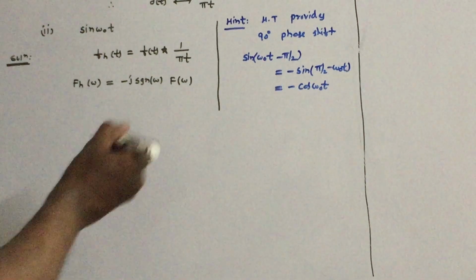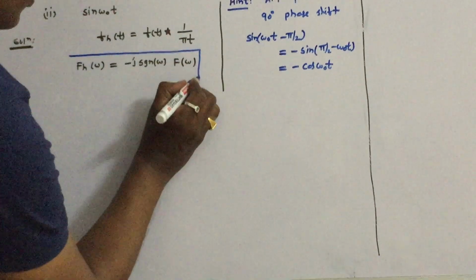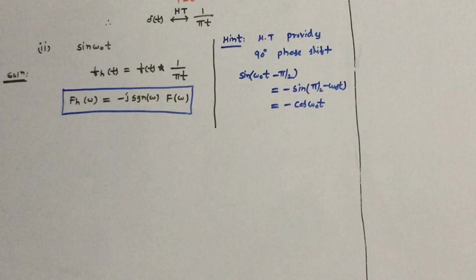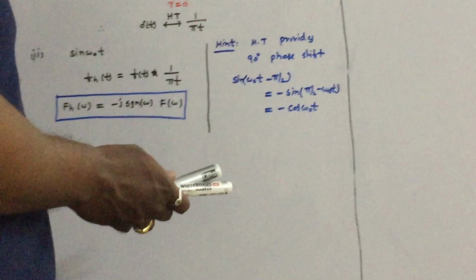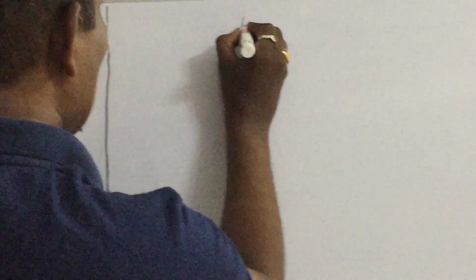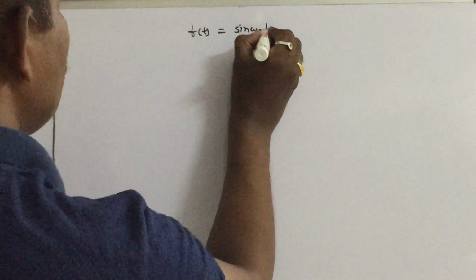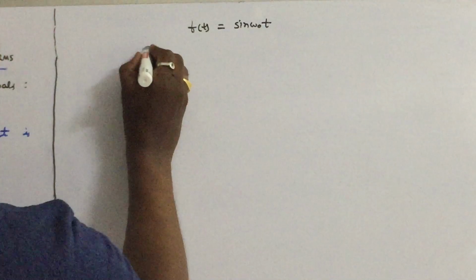This is the formula which we use now. So let us see what Fh of omega is. Here f of t is given as sine omega 0 t.